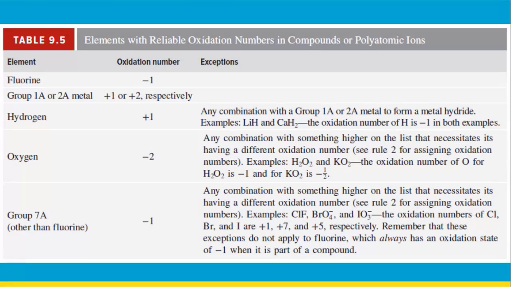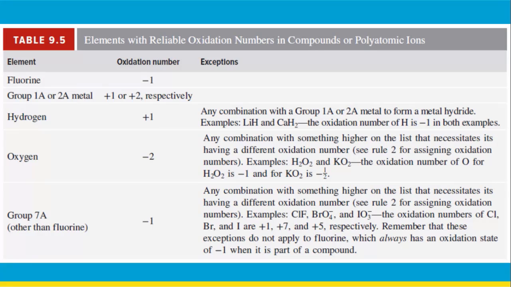Next, after that, any group 1A or 2A metal will have a positive charge: 1As will have +1, and 2As will have +2. And remember, this has to do with the valence electrons that are present. Next, hydrogen has +1, but there are exceptions. To summarize the exceptions that you see on the right, anything lower is beaten by anything above.